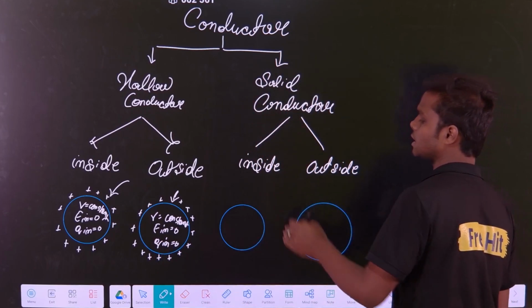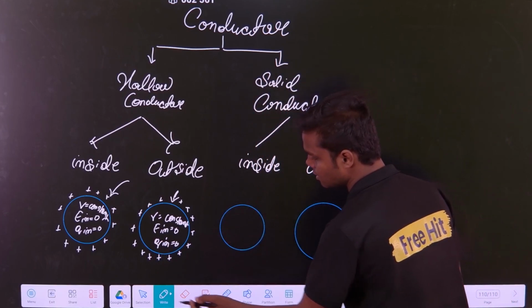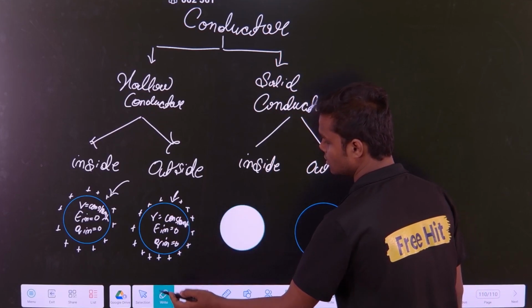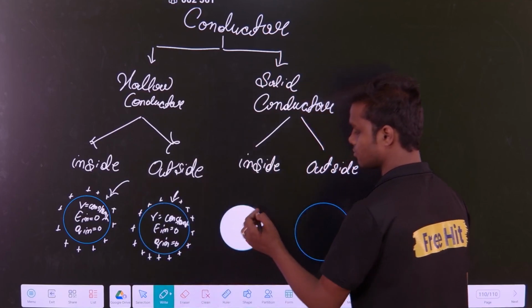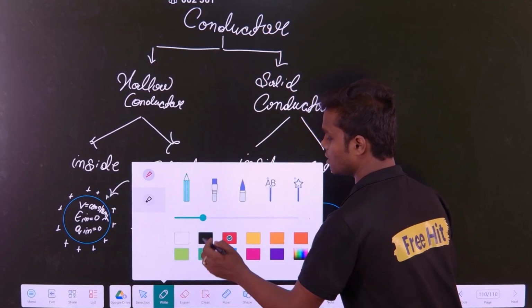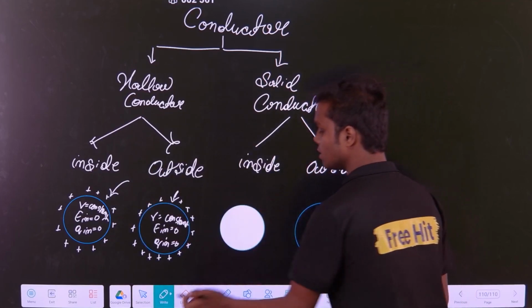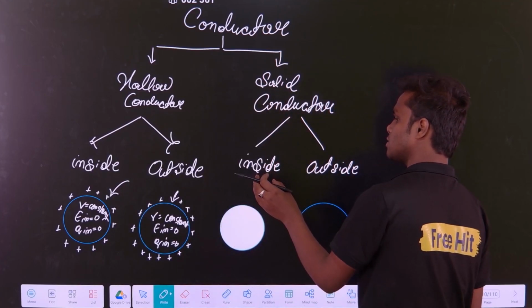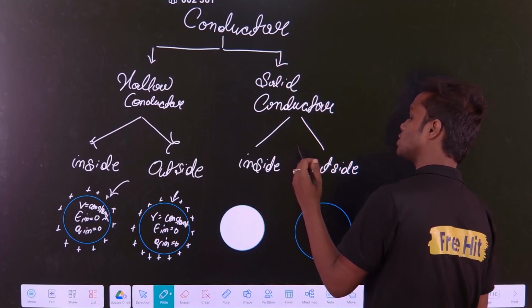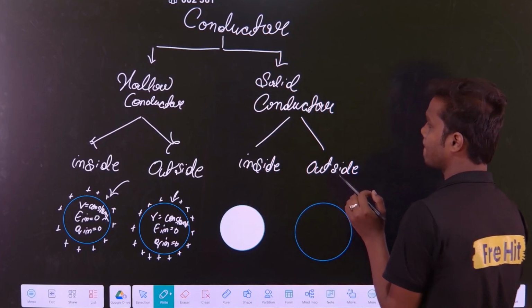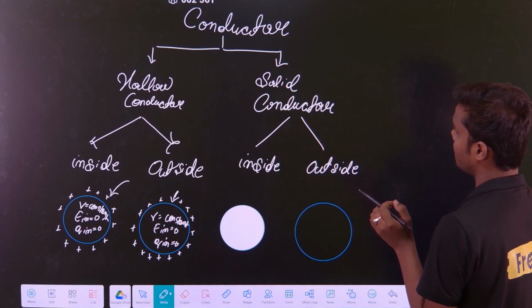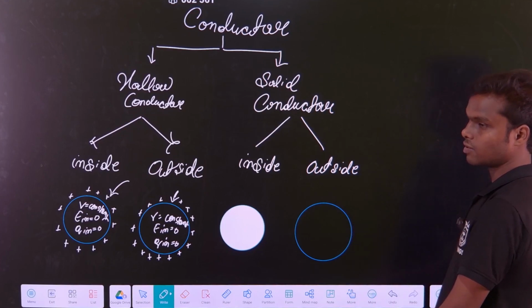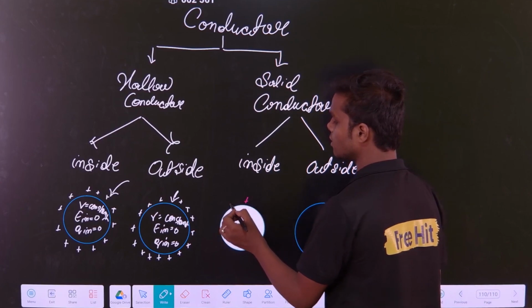Similarly for the solid case, if it is inside, it means there is a material inside. Some material is there, that is sure. But what is the important point? As it is a conductor, whatever charge we give will be present on the outside only.